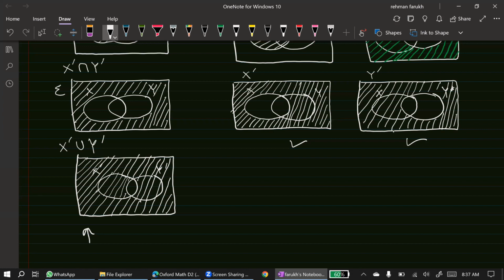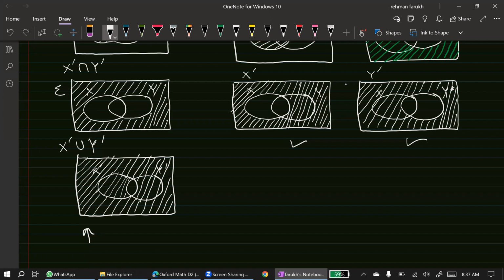So what are the steps, what is the method to shade the required region in the Venn diagram? Sir, first we have to find out how each set will be shaded according to its requirements in two separate diagrams.